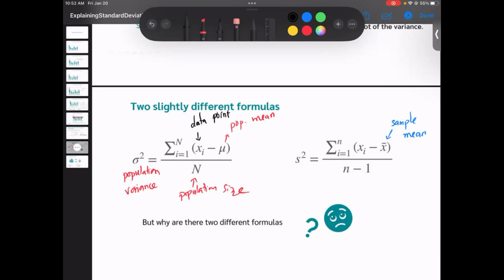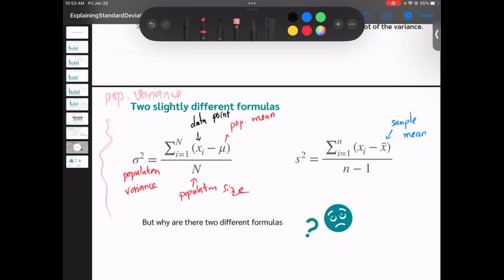So on the left-hand side, that's your population variance. On the right-hand side is your sample variance. Instead of sigma squared, we're gonna use S squared.